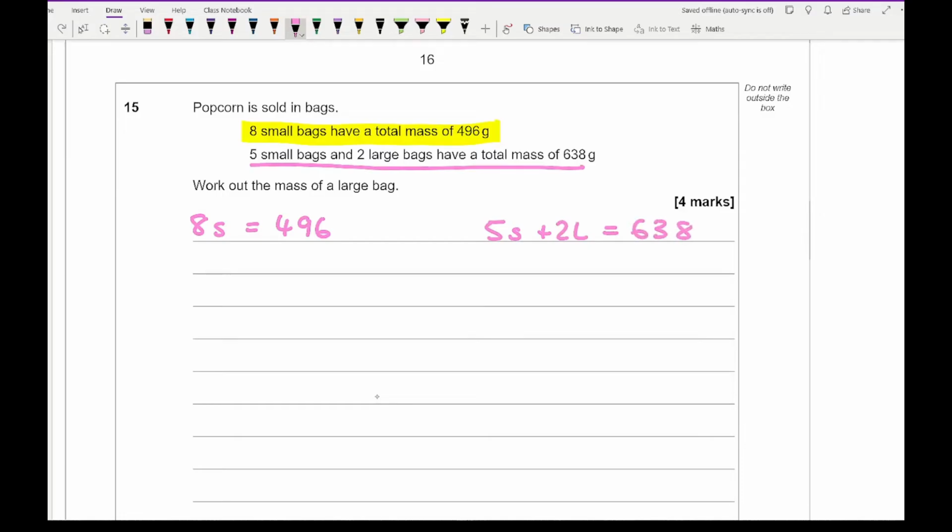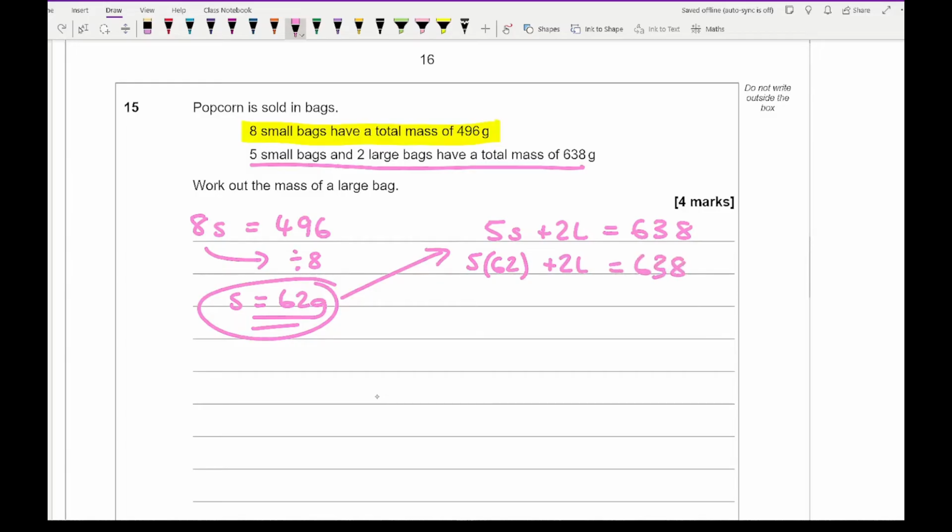Solving this, we divide by 8, so s is equal to 62 grams, and all I've done is type that into my calculator. Once I've worked out the value of s, I can substitute it into this expression here. So I've got 5 lots of 62 plus 2l equals 638. 5 times 62 is 310, plus 2l equals 638.